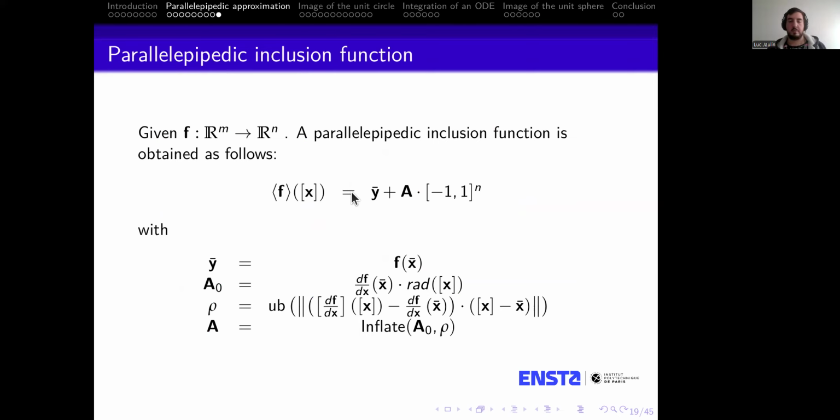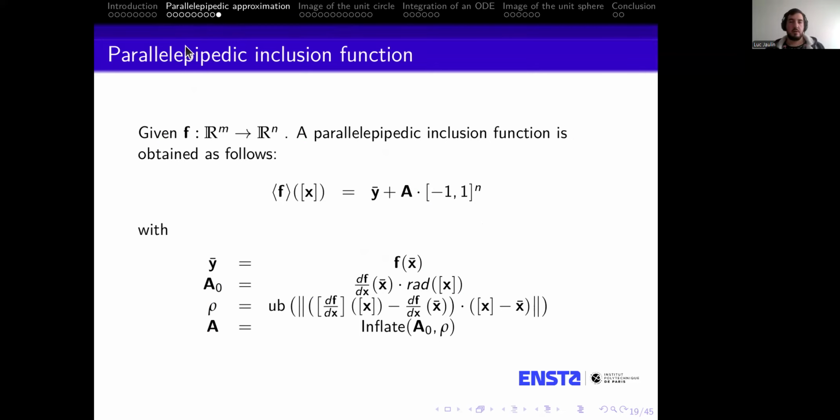It's defined by its center y bar being f evaluated in the middle of the box, and the matrix A being my flat parallelepiped here, A0, inflated by rho, our maximum error made by the linear approximation. And this is what we will use for the rest of the presentation to be able to get the parallelepipedic inclusion.